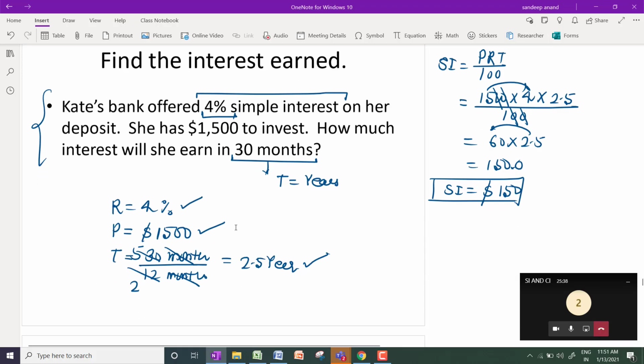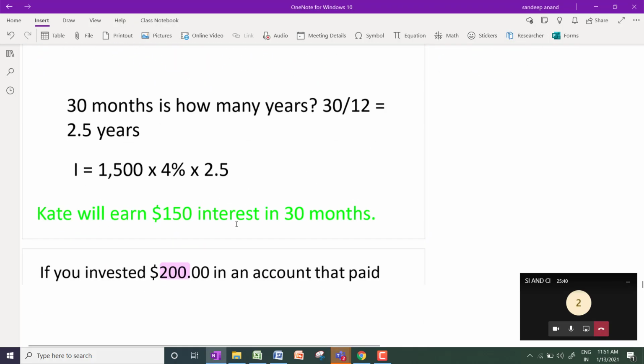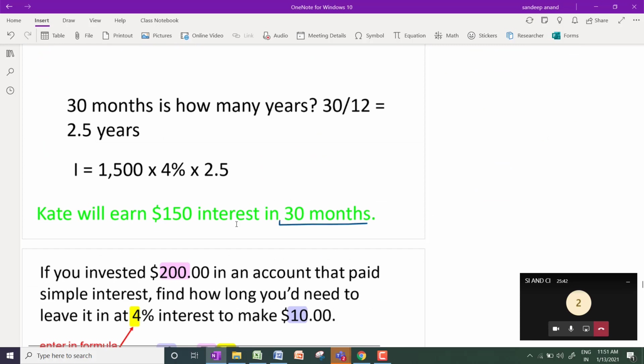Now try this one. This is 30 months, $150. Now try this question. If you invested $200 in an account that paid simple interest, find how long you need to leave it in at a 4% rate to make the earned interest $10. Please try to understand this question.